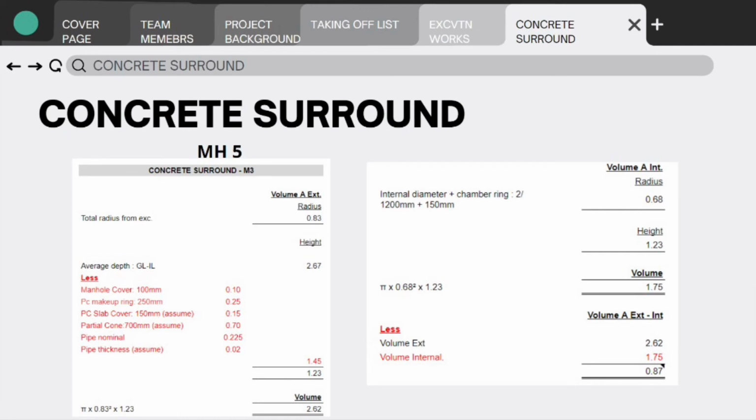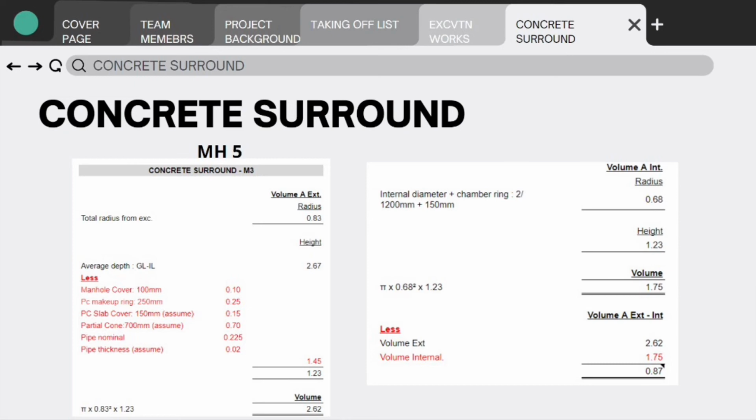Deduct manhole cover 100 mm, PC makeup ring 250 mm, PC slab cover 150 mm, partial cone 700 mm, pipe nominal 2 to 5 mm, pipe thickness 20 mm to get a total height of 1.23. Total volume for volume A external is calculated by using the formula pi r squared times h, which is 22/7 times 0.83 squared times 1.23 to get a total volume of 2.62.